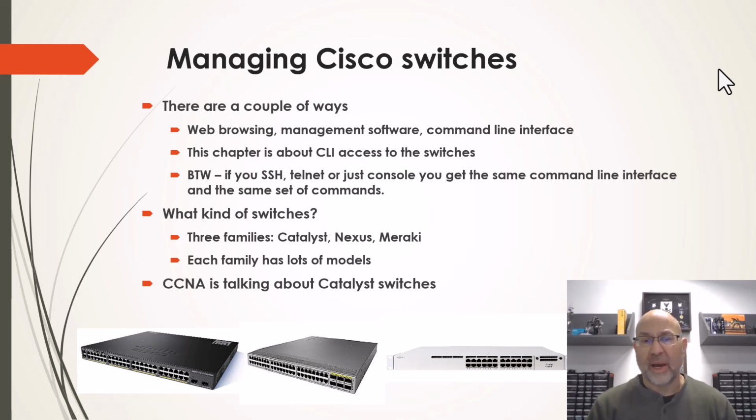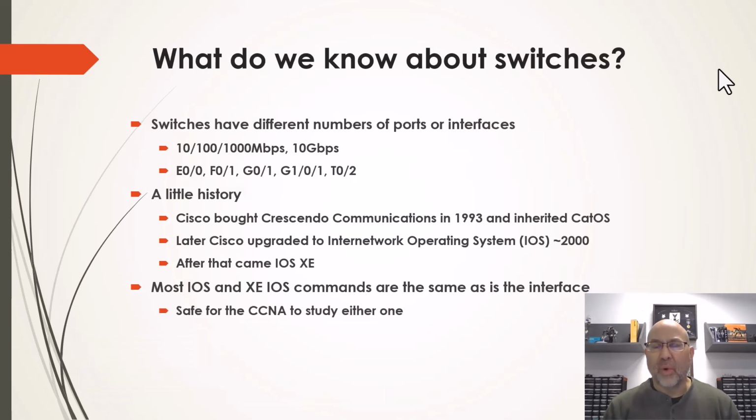So I'll show you a couple of different models of the switches today, like the 2960, 3560, which would be Catalyst, the 9000 series from Nexus, and so on. Most of the time when we talk about CCNA stuff, we are going to be talking about the Catalyst switches, although you'll see the XE iOS pop in there too, which is the more advanced version of the iOS.